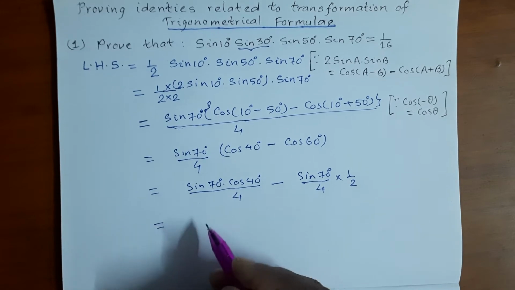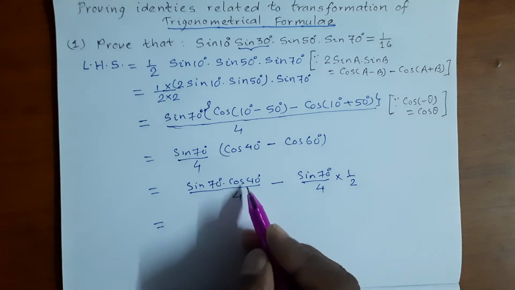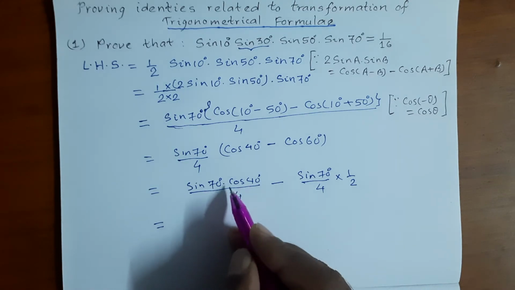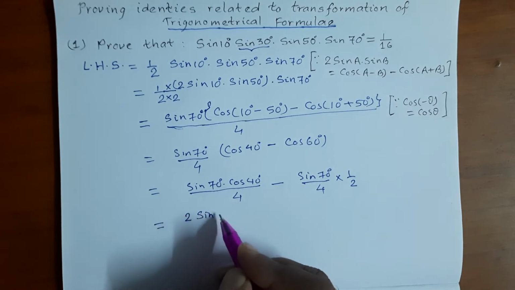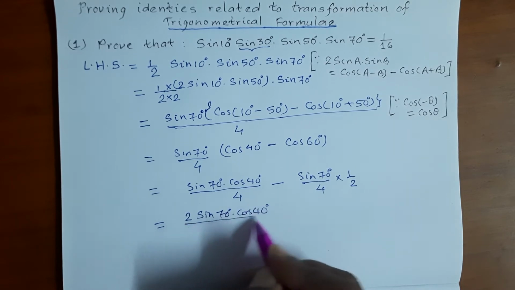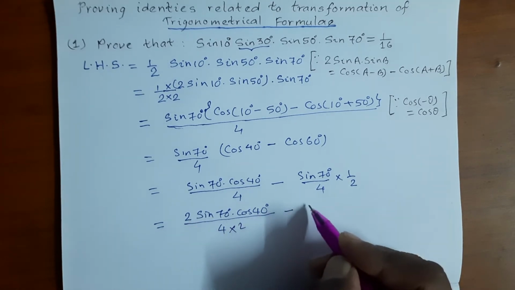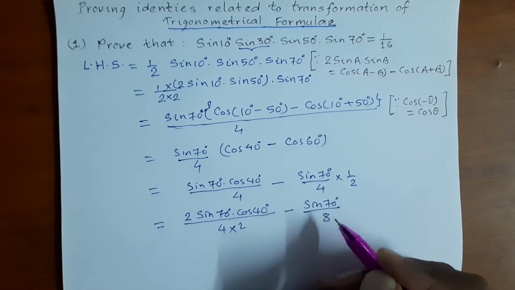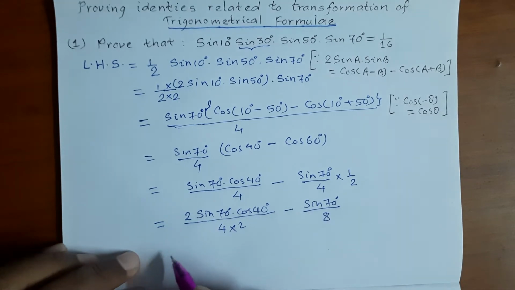Now again, to use the 2 sin A cos B formula, we multiply numerator and denominator by 2. That is 2 sin 70 cos 40 in the numerator, and minus sin 70 degree over 4 times 2, which is 8.